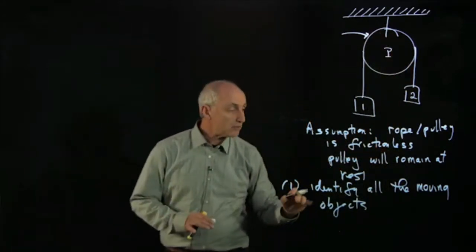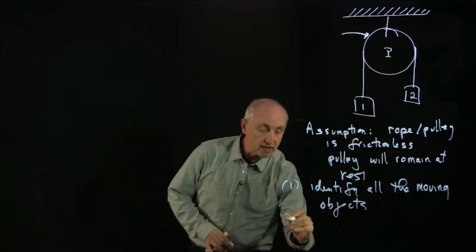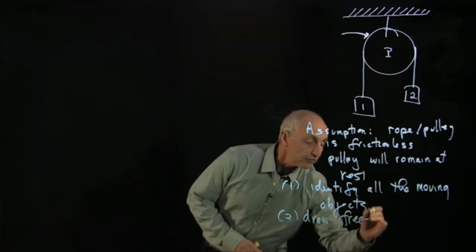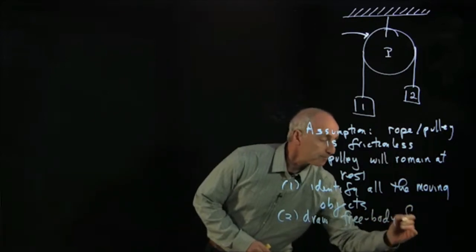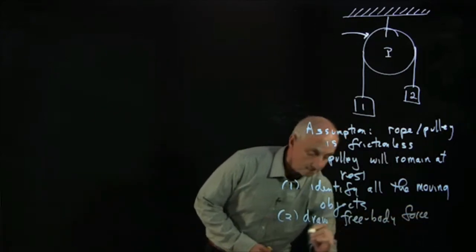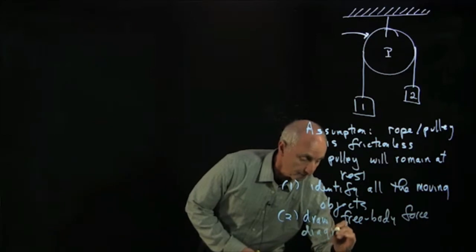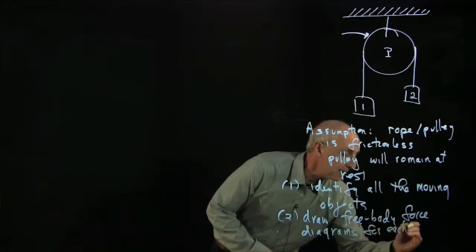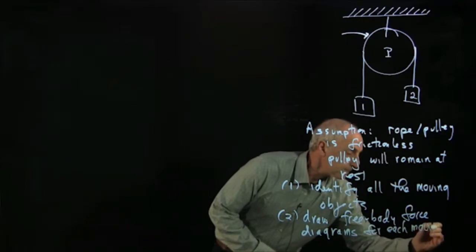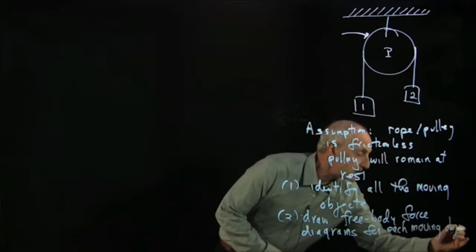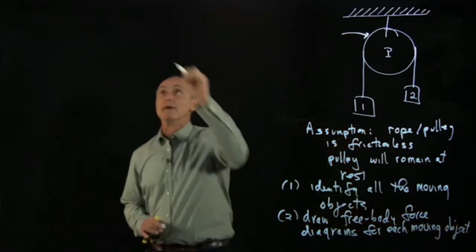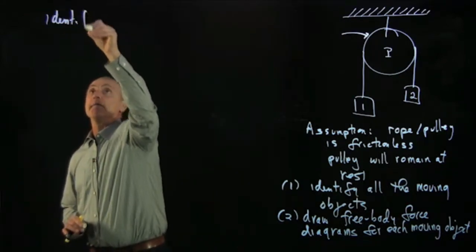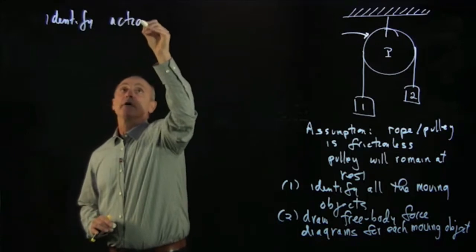Our goal now is to identify all the moving objects and to draw free body force diagrams for each moving object. One thing I'm especially interested in is keeping in mind to identify action-reaction pairs.